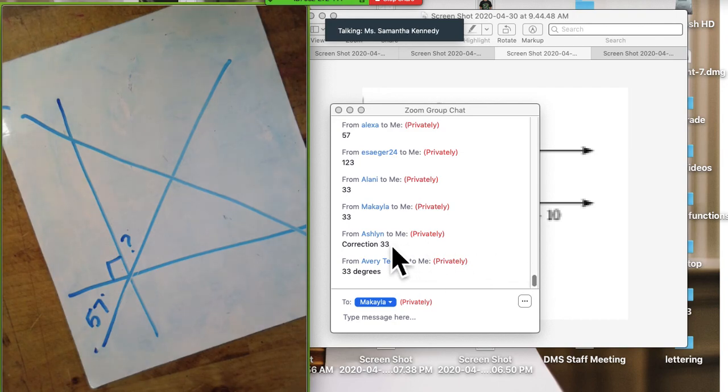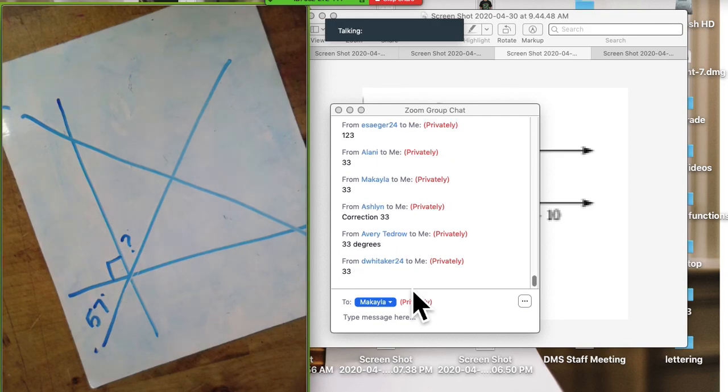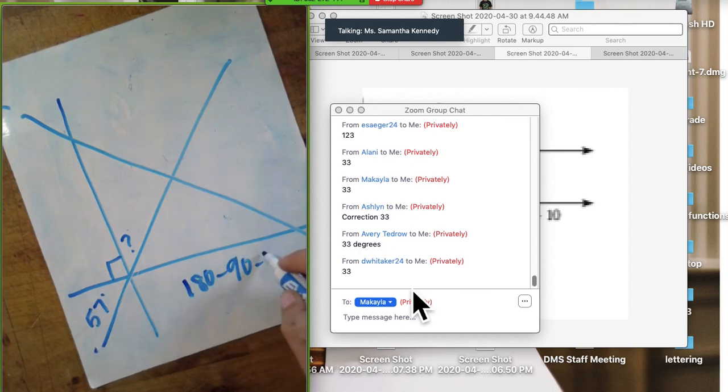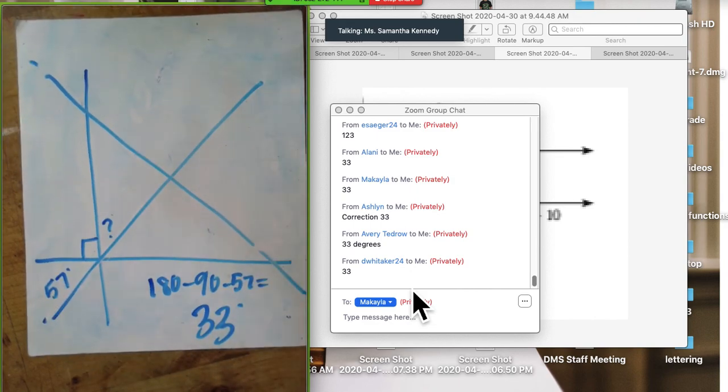Nice job. Some of you are correcting. Nice. It's going to be 33 degrees because we're going to do 180 minus 90 minus 57 equals 33 degrees. Okay, nice job. I got one more for you.